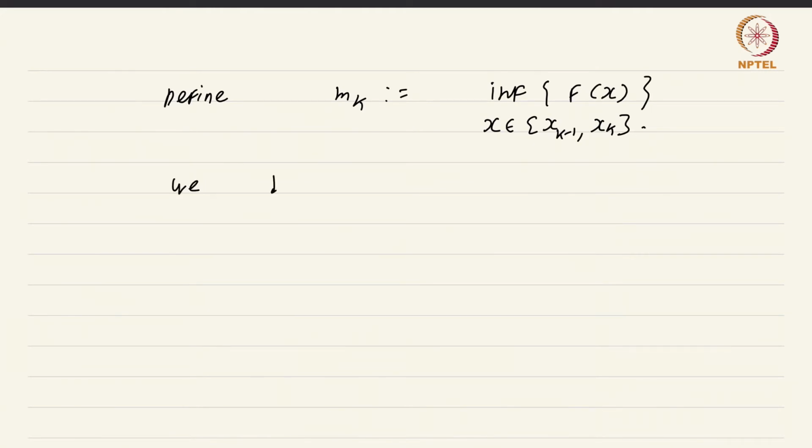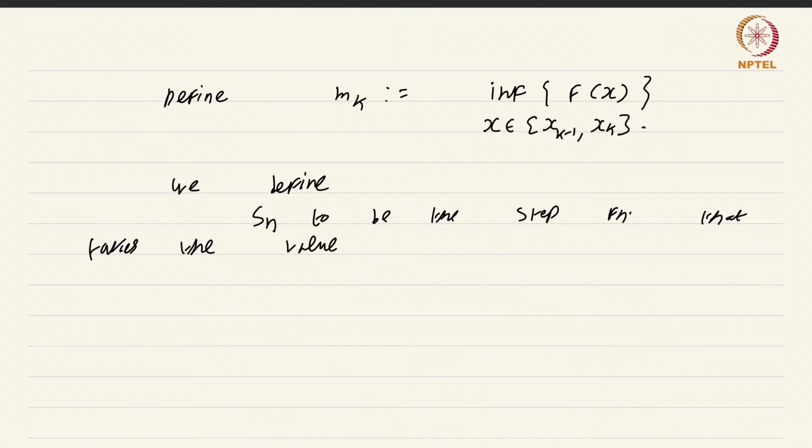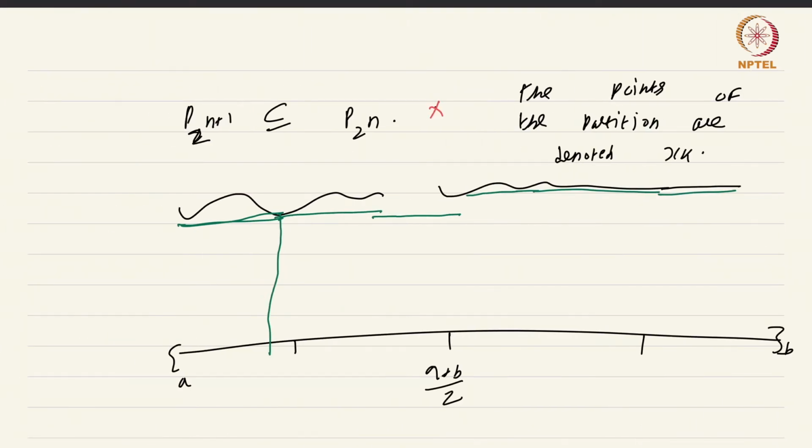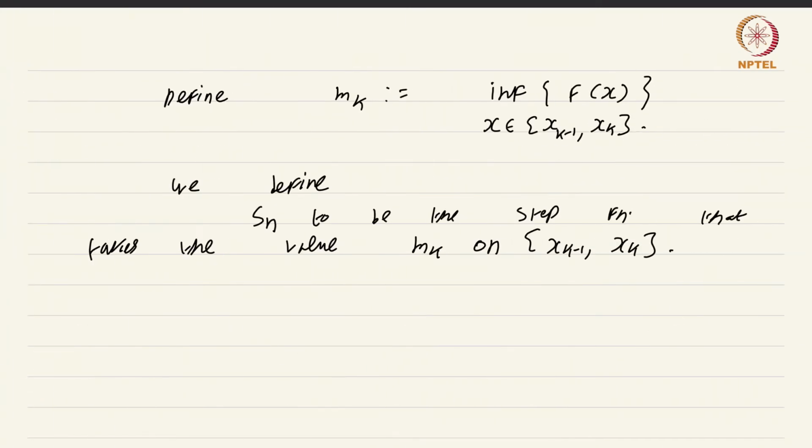And we define Sn to be the step function that takes the value mk on the interval [xk minus 1, xk]. Fine. So we have essentially the picture I drew, that is going to be the step function Sn.